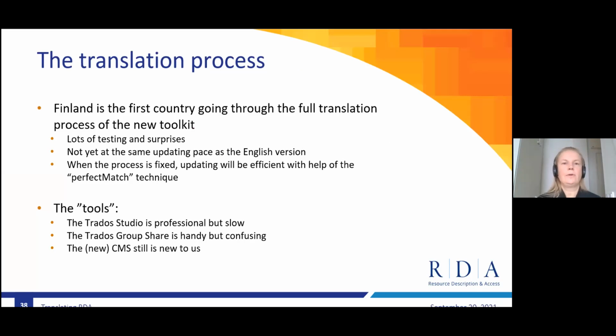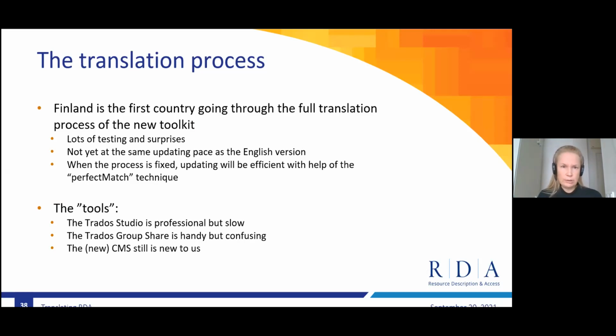Finland is the first country going through the full translation process of the new toolkit. And that means lots of testing and also some technical surprises. We are not yet at the same updating pace as the English version. We have already in June translated these updates for the July release, but we haven't been able to publish the up-to-date version yet.